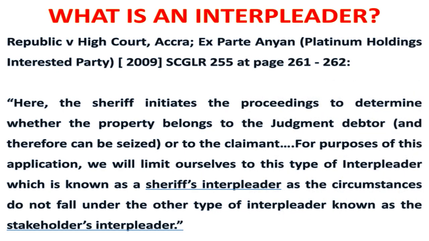Here, the sheriff initiates the proceedings to determine whether the property belongs to the judgment debtor and therefore can be seized, or to the claimant. For the purposes of this application, we will limit ourselves to this type of interpleader, which is known as the sheriff's interpleader, as the circumstances do not fall under the other type of interpleader known as the stakeholder's interpleader.